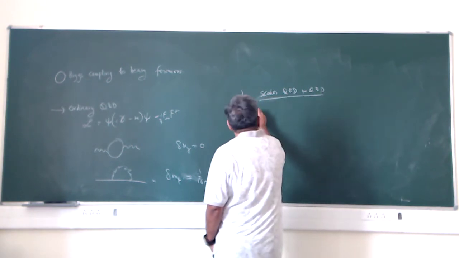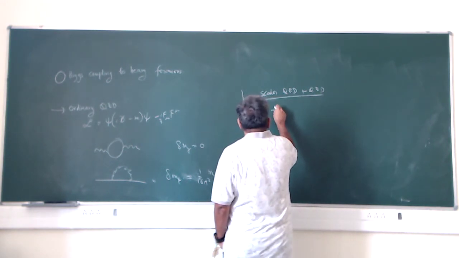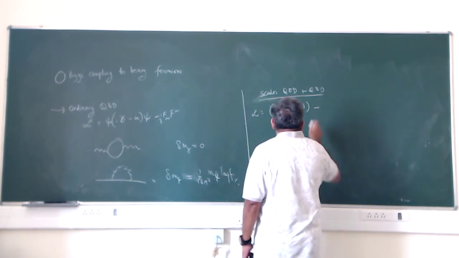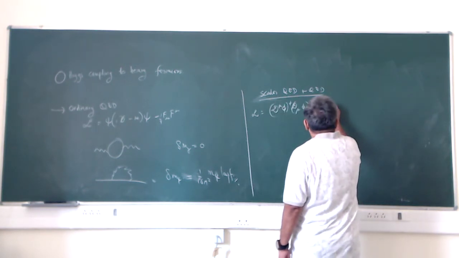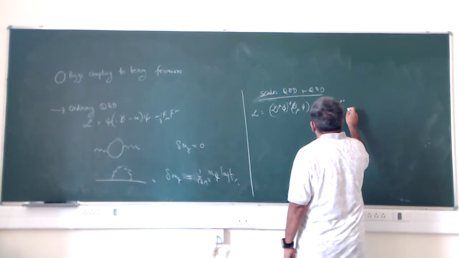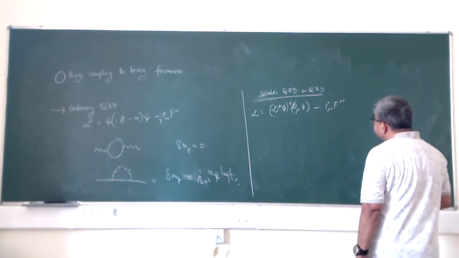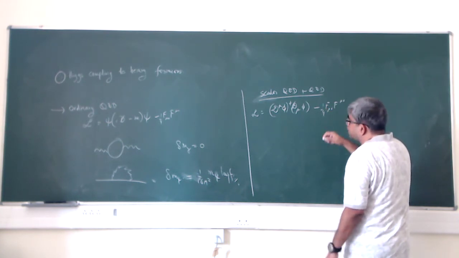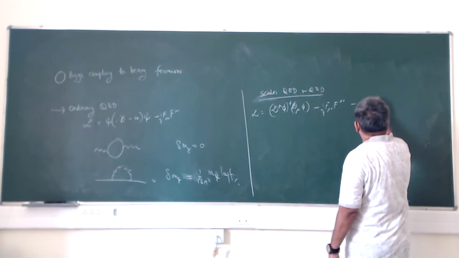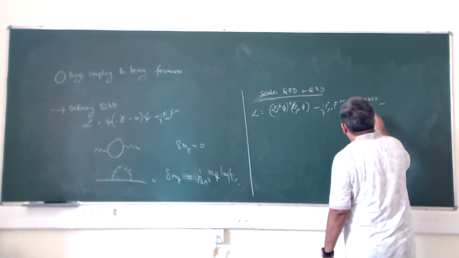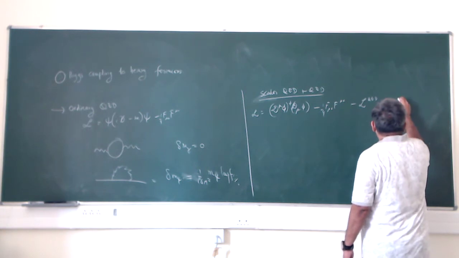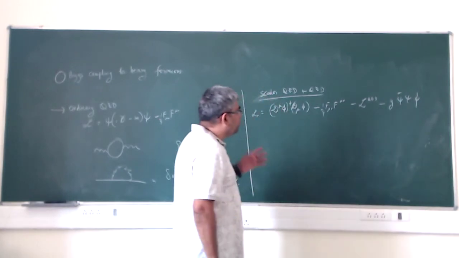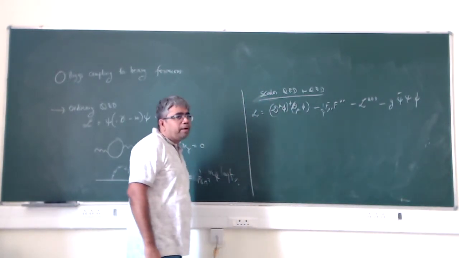Some theory, L theory is equal to del mu phi del mu phi. And now let me also put scalar QED also. And then let me also couple some y psi bar psi phi. I put in two interactions, but let's look at them one by one.